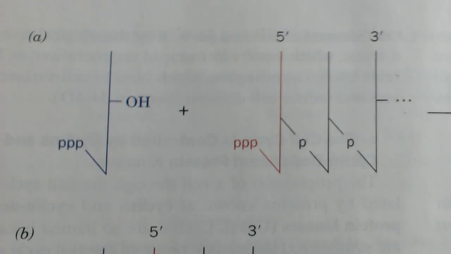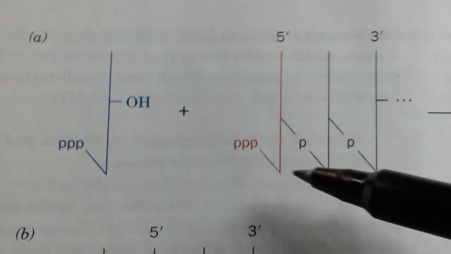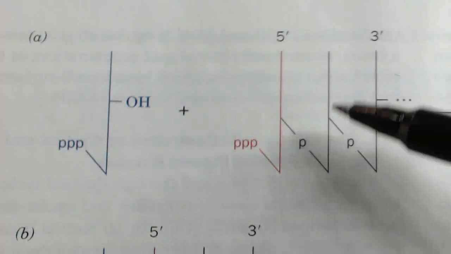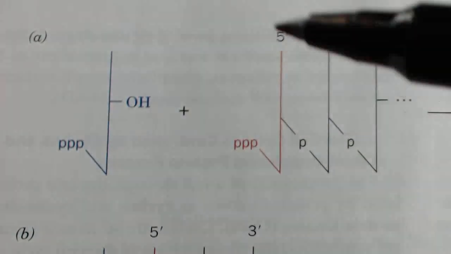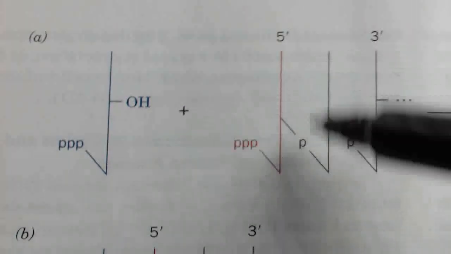Okay, so now let's talk about how the actual process of DNA polymerization works, right? If we start talking about this process of polymerization, let's say this is the growing chain, right? This is the growing deoxynucleotide chain or DNA chain, the backbone. Remember the phosphate linkage that is placed there between the different bases.